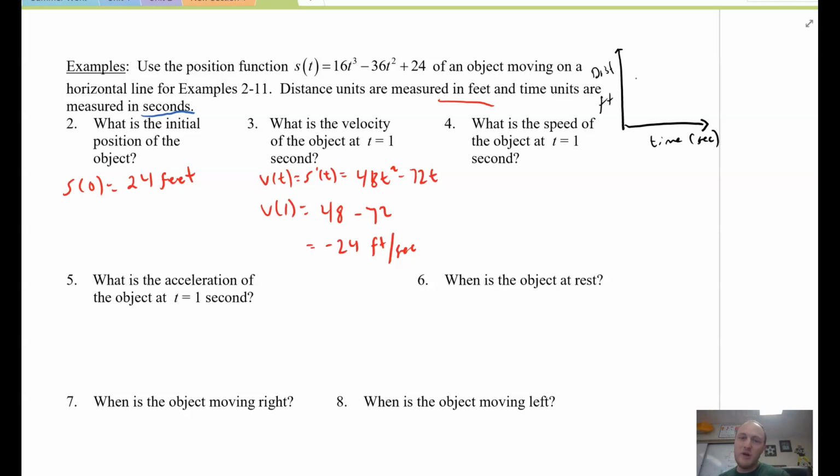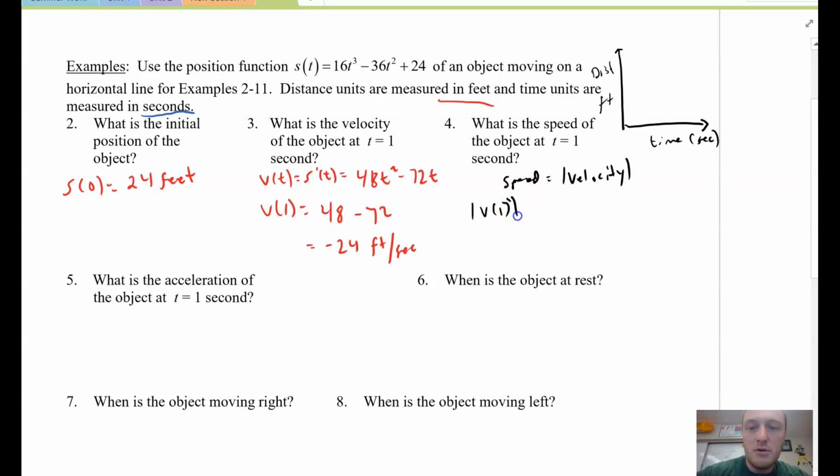Number 4, it says, what is the speed of the object at t equals 1? Well, remember that speed is the absolute value of velocity. Didn't we already calculate this? Didn't I already calculate the velocity at 1?